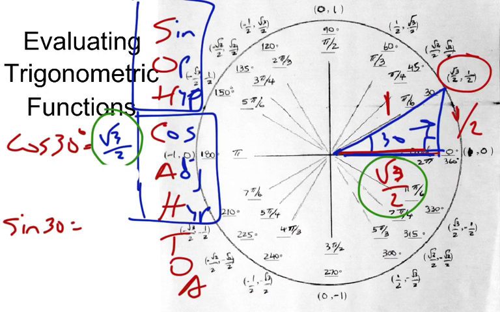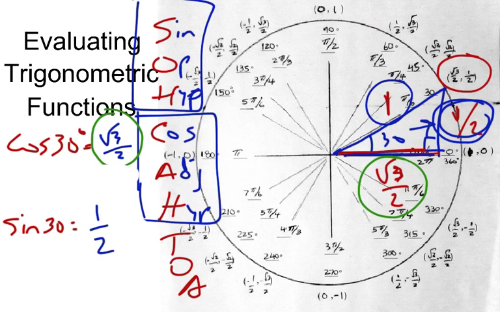So sine of 30 is opposite, 1/2, over my hypotenuse, which is 1. Half divided by 1 is 1/2. So I just have 1/2, which is basically the y value.